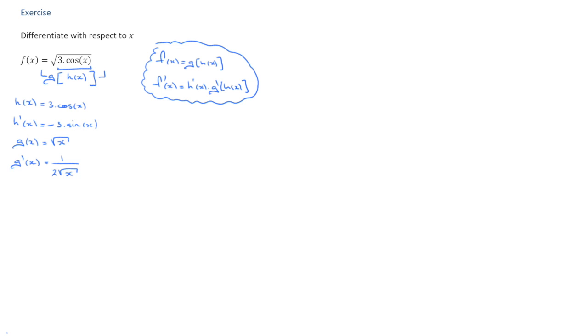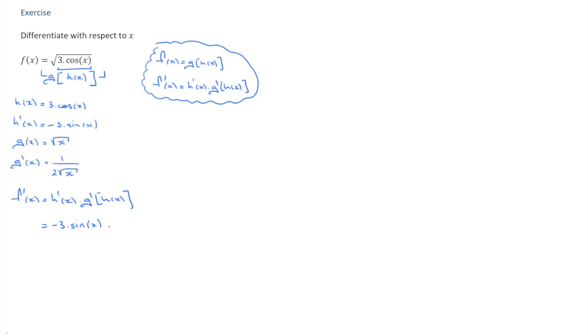Now, back to this function. Using the chain rule formula, we can go ahead and write f dash of x equals h dash of x times g dash of h of x. And so we can say that since h dash is negative 3 sine of x, g dash is 1 over 2 root x.